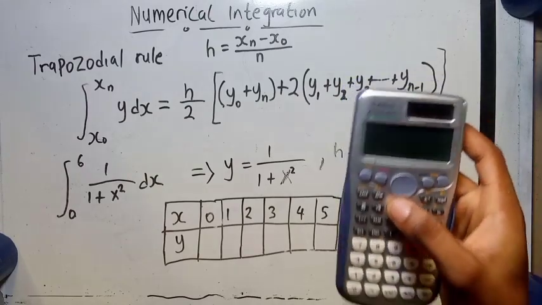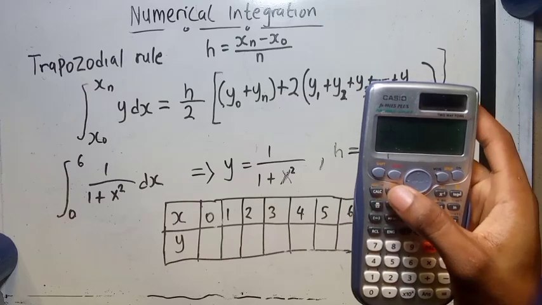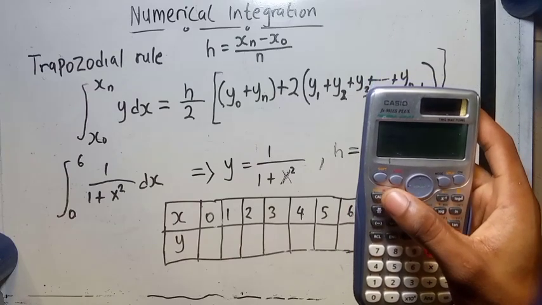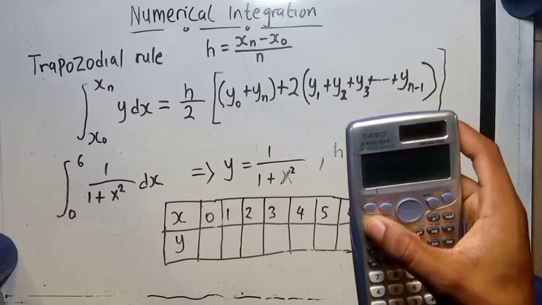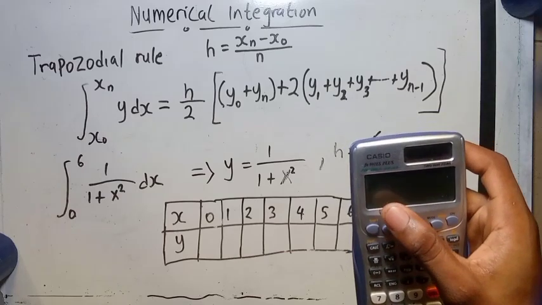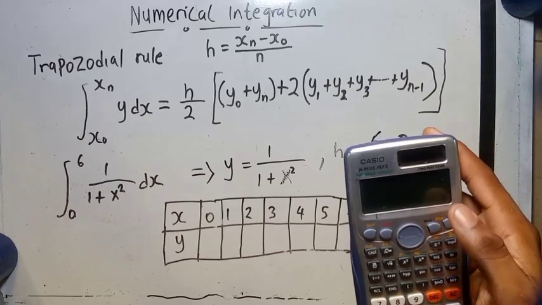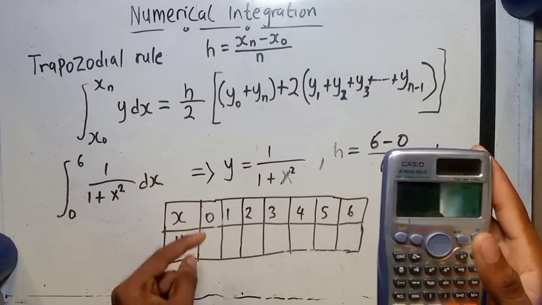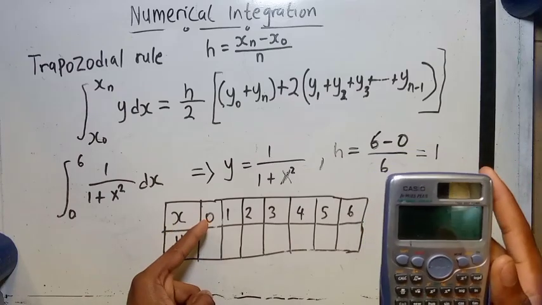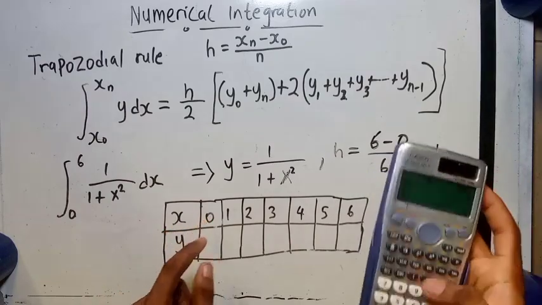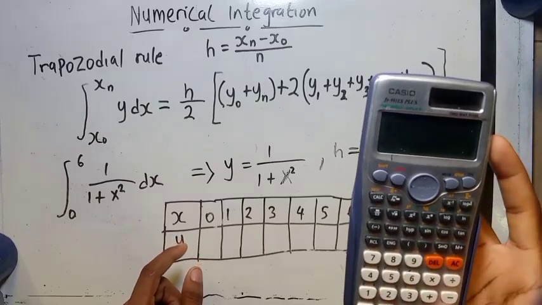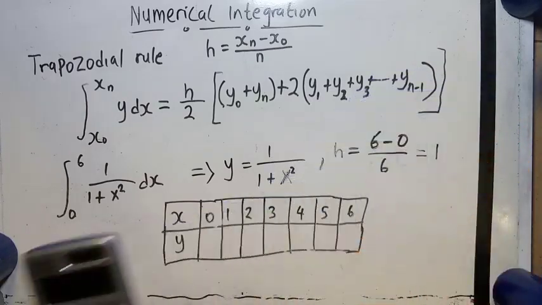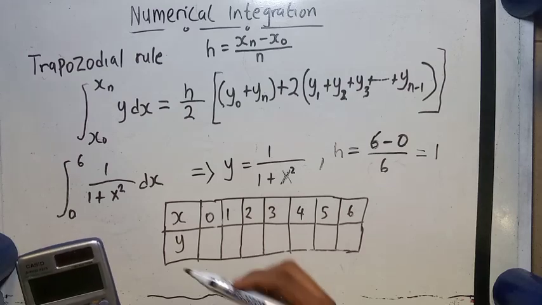After doing that, click on CALC. You see something like x comma. Now, they're asking you what is the value of your x. My value of x is 0. I click 0 and equals. You tell me that my corresponding y value is what?